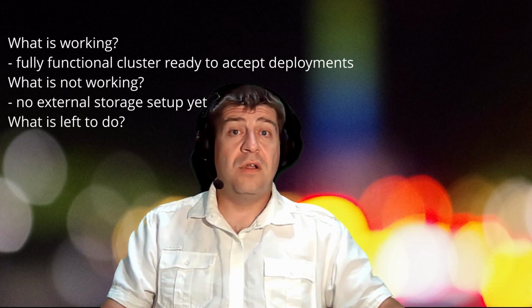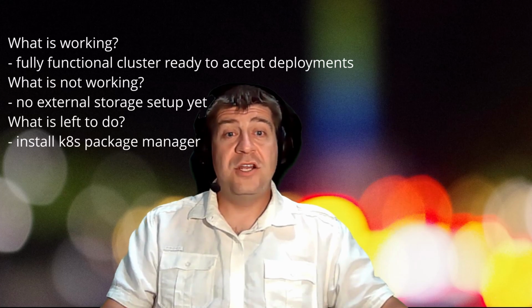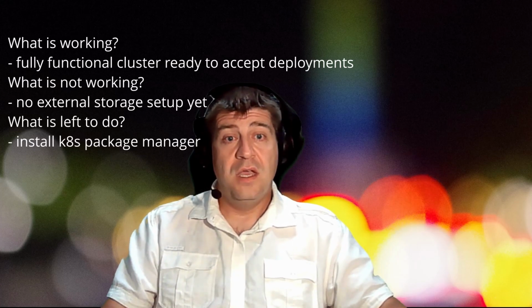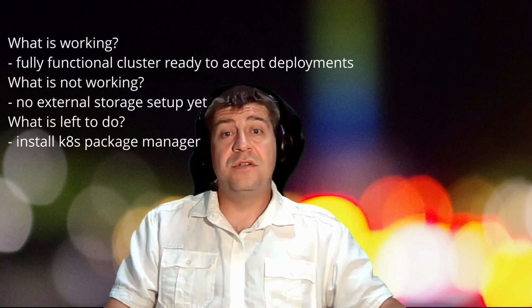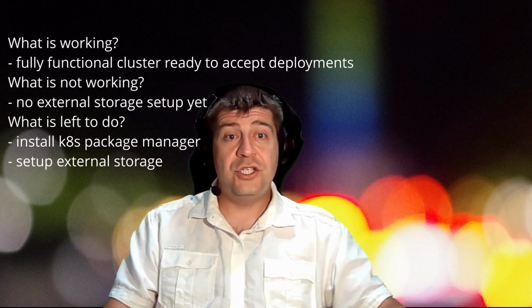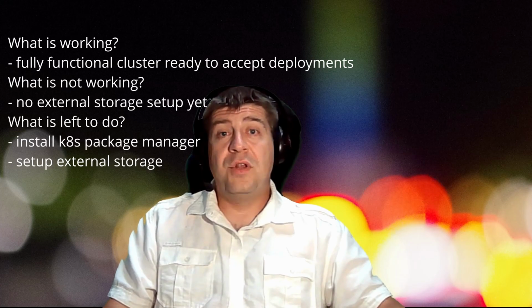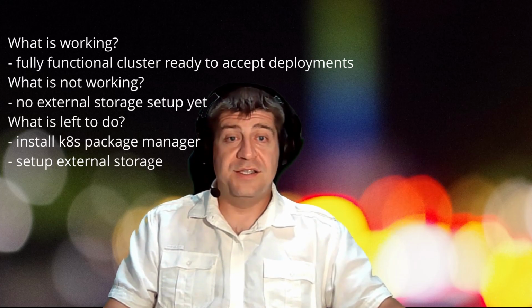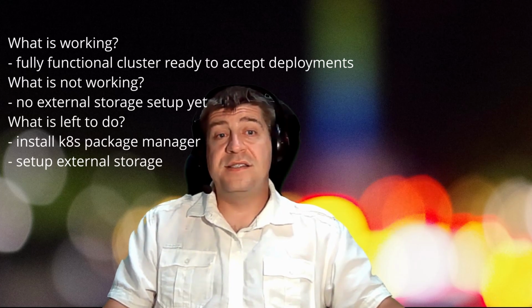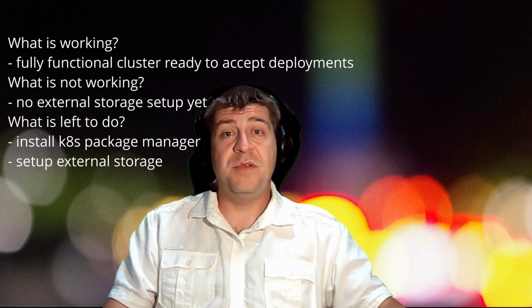Next, we will install Helm, a package manager for Kubernetes, and discuss some of its functionality. After that, we will talk about external storage, and we will deploy an NFS external storage provisioner to your cluster. We will discuss the setup of NFS and how it has to be configured in order to work.